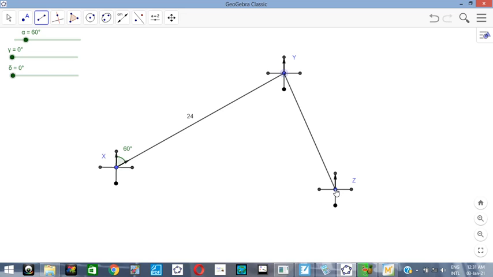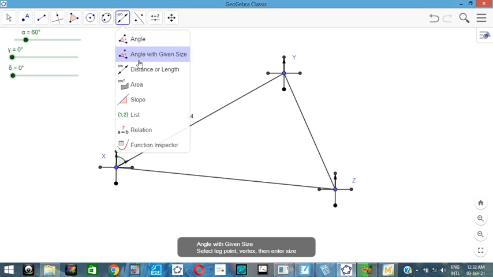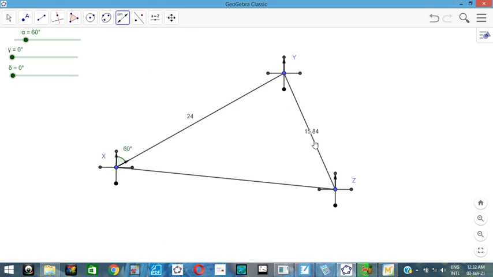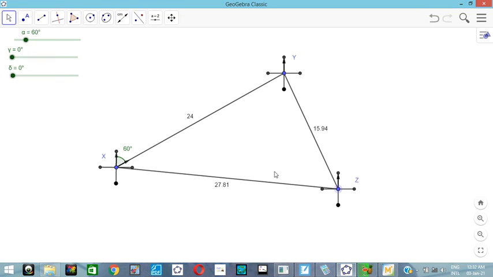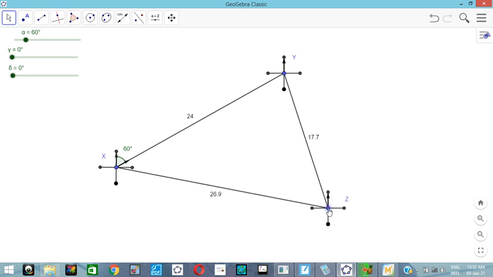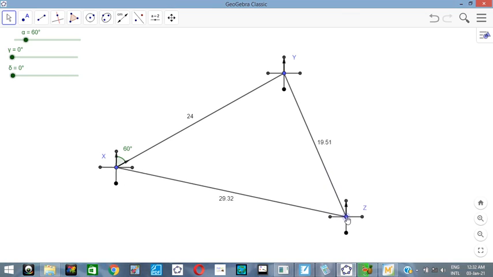If I connect this to this, connect this to this, let me put the distance so that we can find it. Yes. Okay. So let's look for 18. So 18 on this side, then 30 on this side until we get the required value we need.